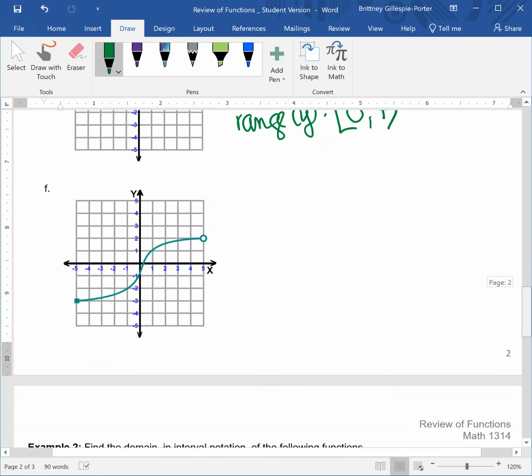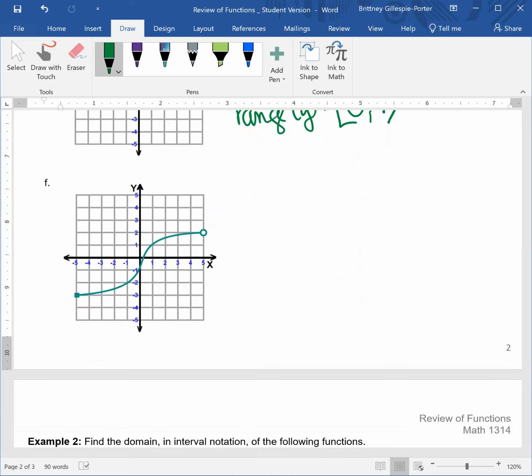Last one like this. Here, if we do the vertical line test, it gets close, but we actually do not hit our graph more than once with any of our vertical lines, which means that this is a function.